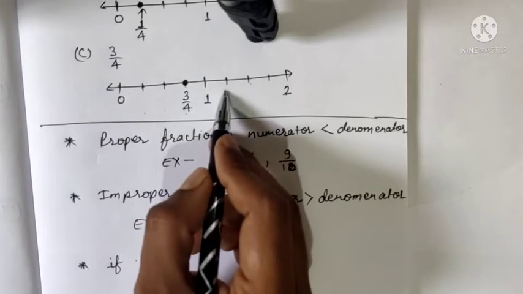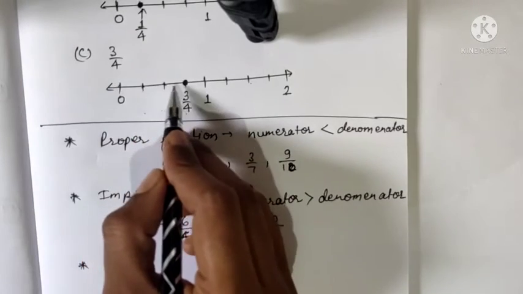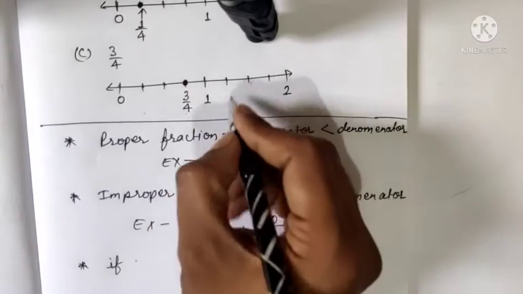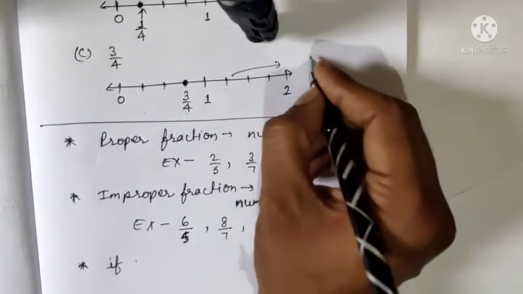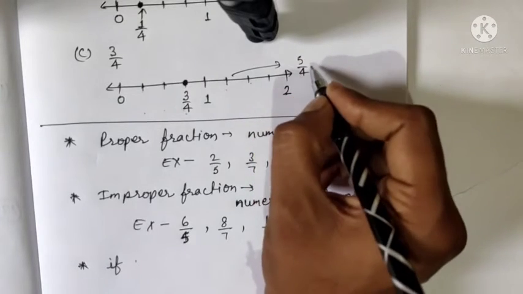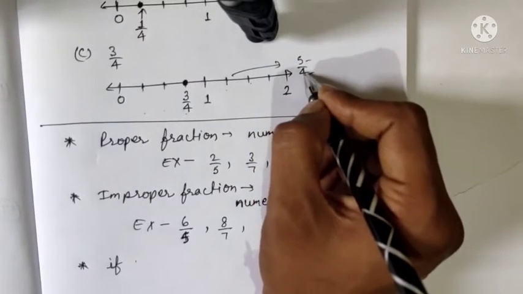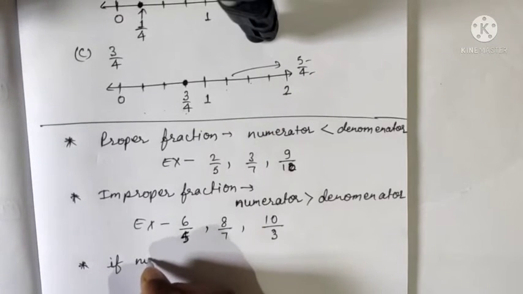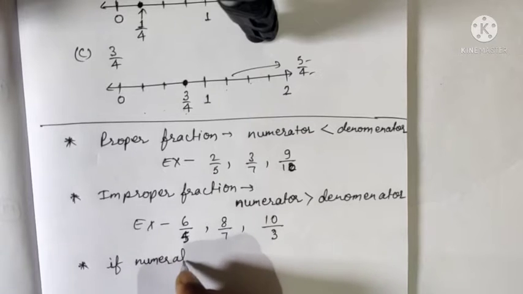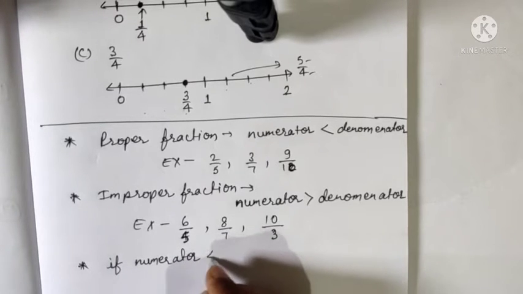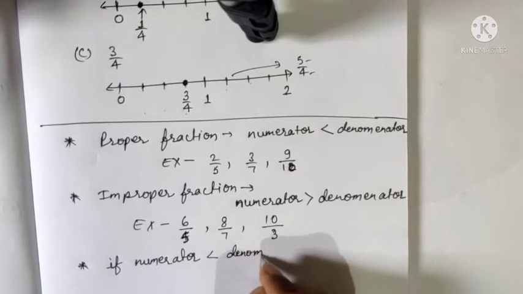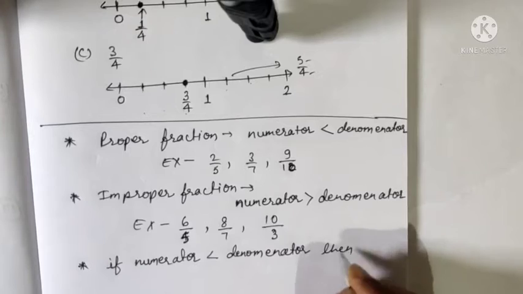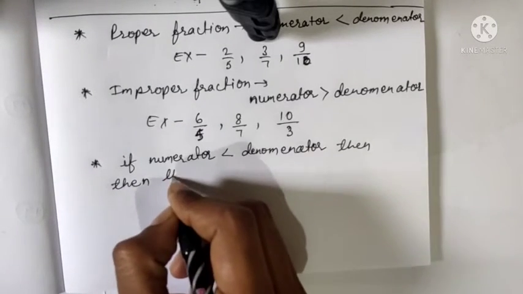That means if there is a proper fraction, it lies between 0 and 1, and if it is improper, it lies after 1, because this point represents 5 by 4, right? So if the numerator is less than the denominator, then the fraction lies between 0 and 1.